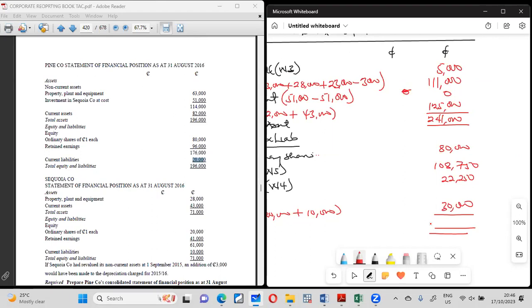Balance, 241,000. So ladies and gentlemen, this is how you perform your consolidated balance sheet.